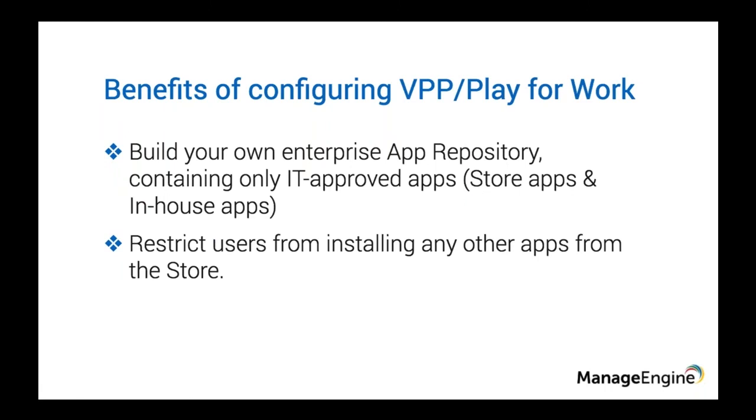The first benefit is that you build your own enterprise app repository, which contains only those apps that have been approved by the organization. These might be the store apps that are available for public download, or in-house apps, the apps that have been specifically designed for your organization. In addition to that, you can also choose to restrict users from installing any other unauthorized app, ensuring complete data security.